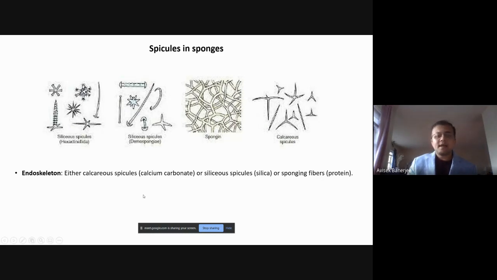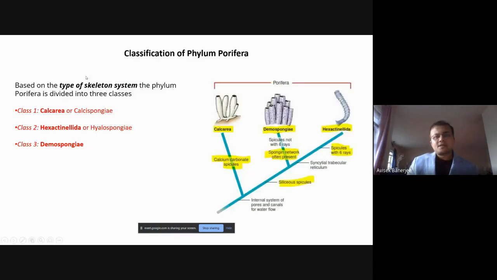Based on that, they could be calcareous spicules, meaning they are made up of calcium carbonate, or siliceous spicules made up of silica, or spongin fibers, which is basically a protein. So based on their size, shapes and composition, this phylum has been classified. Just keep in mind, we will discuss that later again. So this is the classification of phylum Porifera.